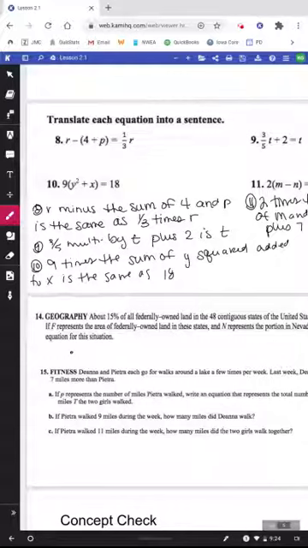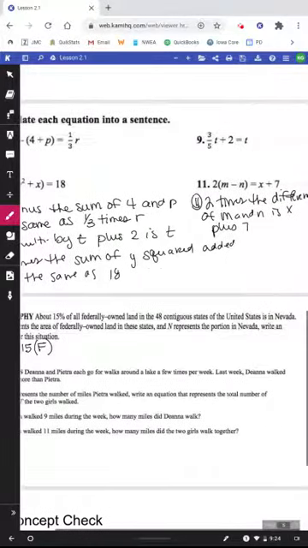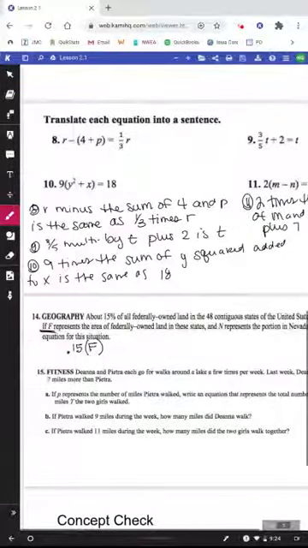We can't put percents in our calculator, so remember we need to change that back to 0.15. Then it says of, which I know means times. And it says the federally owned land. And if I read down here, it says let that be F. And then it says is Nevada, so equals N.